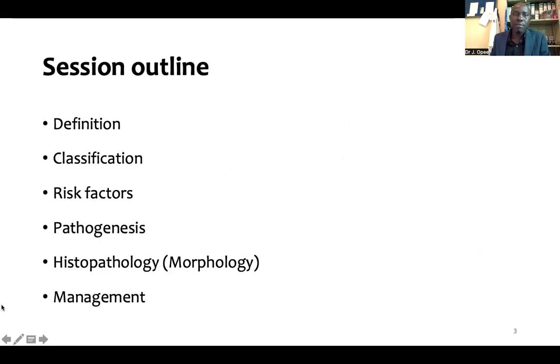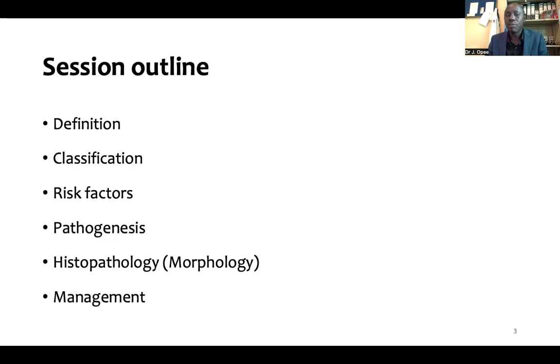But we are going to have our discussion in this format. We're going to have a definition or different definitions that exist, and then we're going to look at classification and risk factors, and then as clinical practitioners, you need to know about pathogenesis.